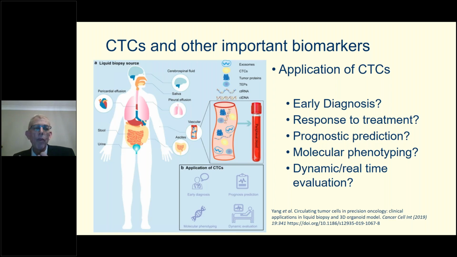And we might want to look at circulating tumor cells as a part of a portfolio of other important biomarkers that might tell us something very important from a clinical perspective and a research perspective about the nature and progression of an individual's cancer.